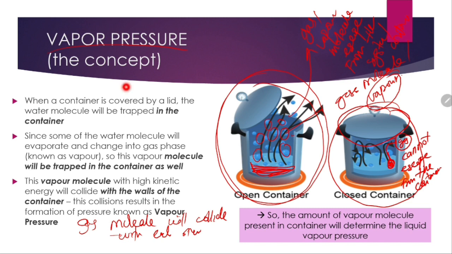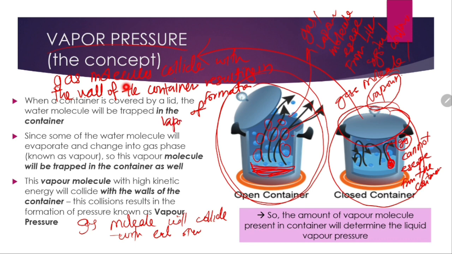So in this closed system, gas molecules collide with the wall of the container, resulting in the formation of vapor pressure.